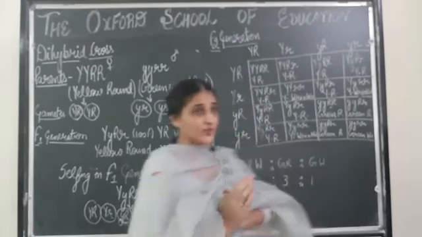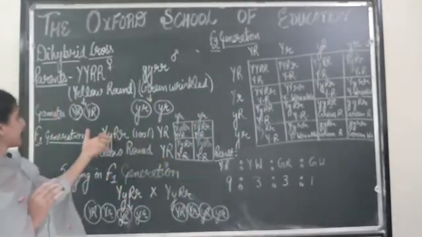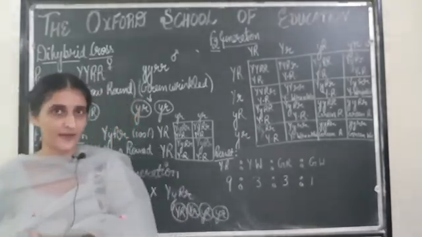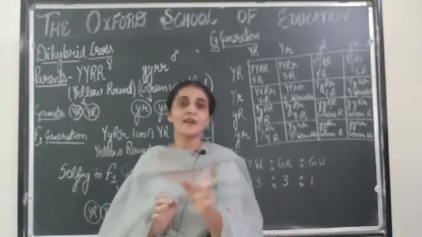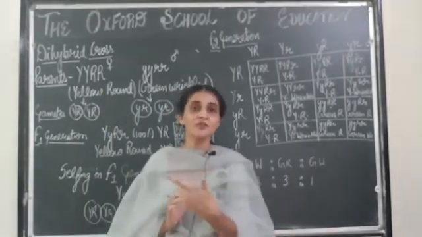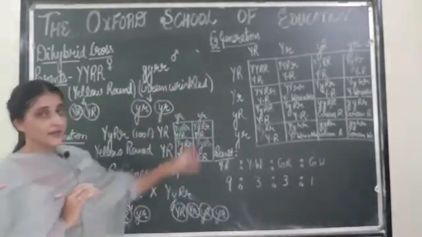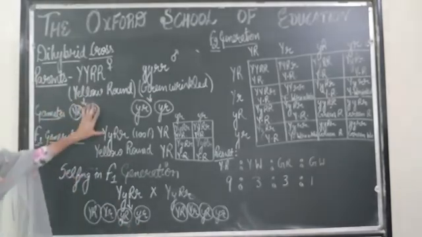So just to prevent pollination from any foreign pollen grain, you have to do the process of emasculation and then bagging. Emasculation simply means if you want to take a flower as a female, you have to remove the male part, and in case you want to take that flower as a male, then you have to remove the female part. So I have taken this as a female.